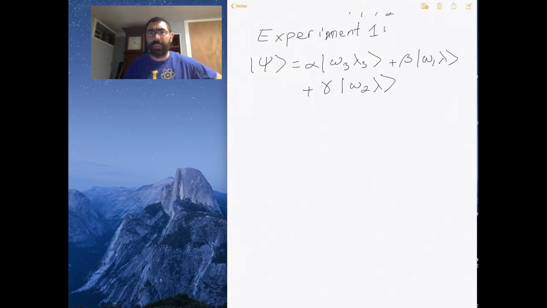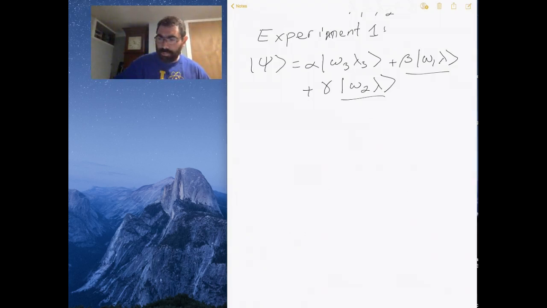So like I said, lambda in state 1 and state 2 right here is degenerate. So we'd get the same value of lambda if we operated with the operator capital lambda, but if we operate with the operator omega, then we would get 2 different values of it. So that's where we have our degeneracy.